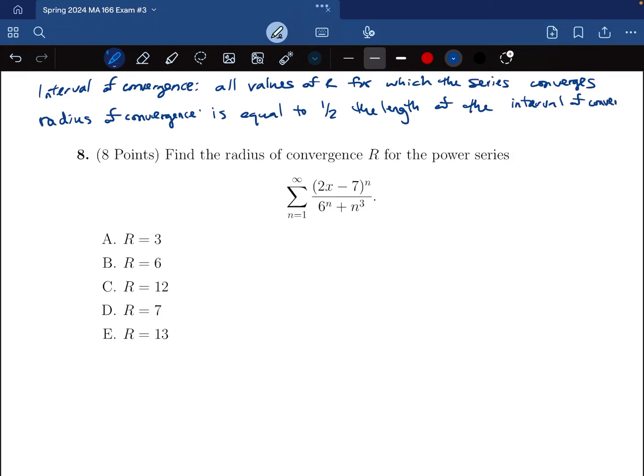So the way we find the interval of convergence is we take the ratio of two consecutive terms in this series, a_(n+1) over a_n, as n approaches infinity.